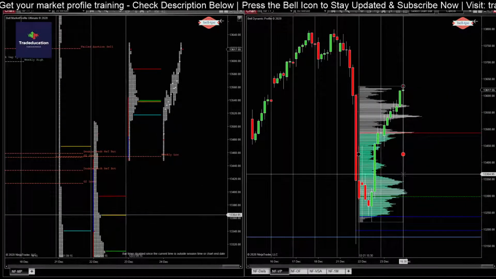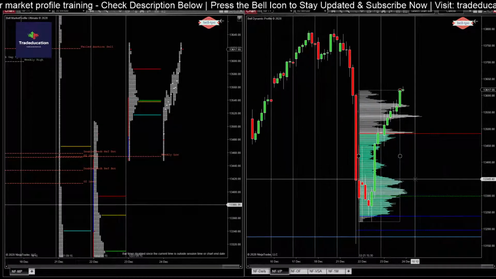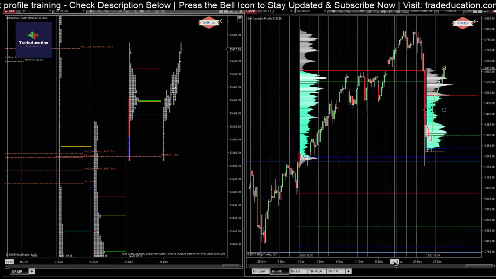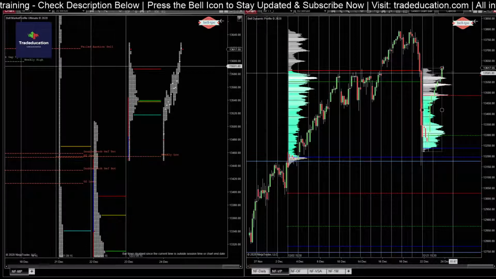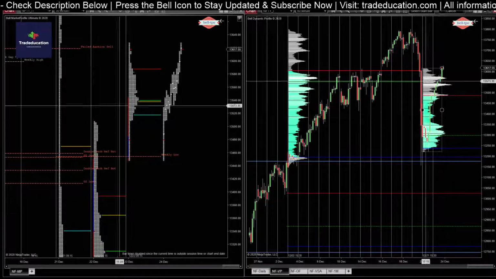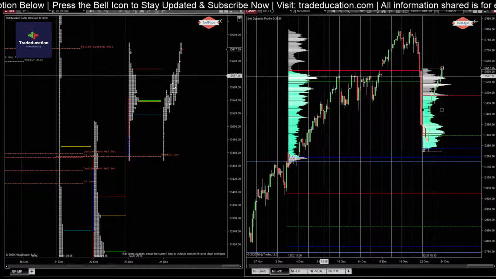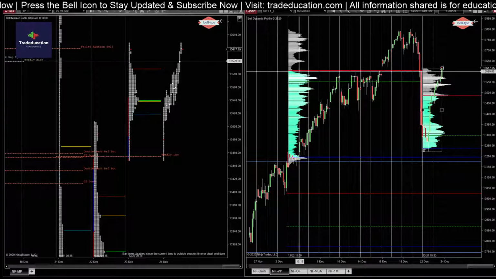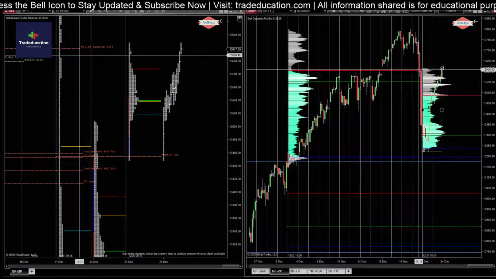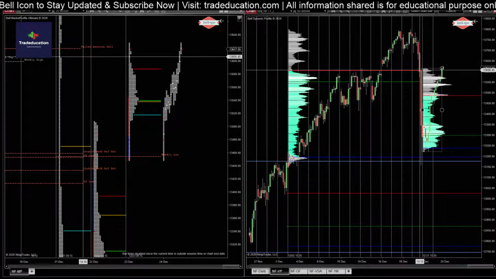This is the 2 day balance, and this is the overall range. And this is the other composite volume profile from the 3rd of December till the 17th, that Friday.